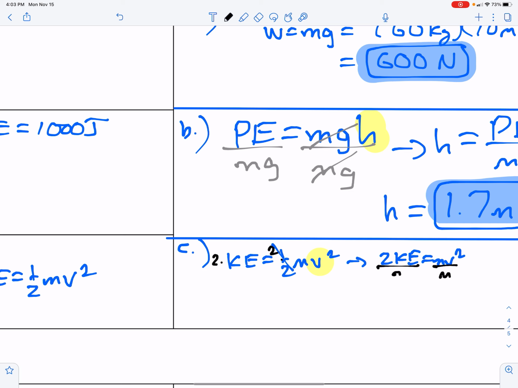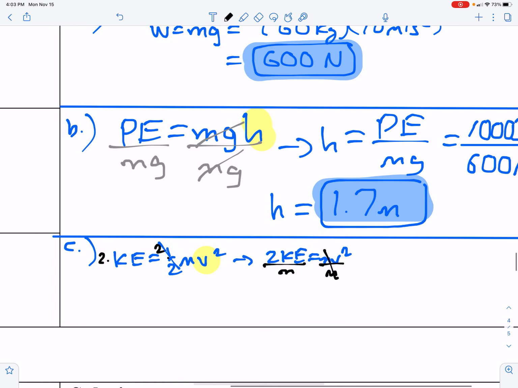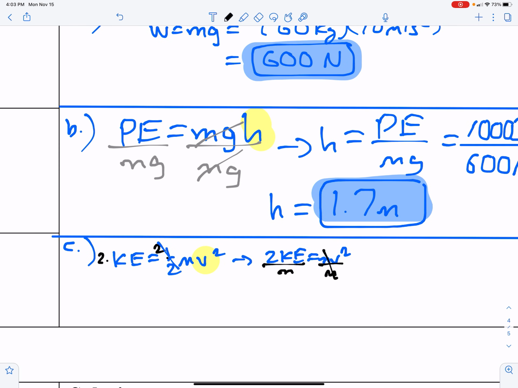Now we're going to divide away the mass. Rewriting this again, we get 2 times the kinetic energy divided by the mass equals v squared. Square root both sides to get rid of the square.